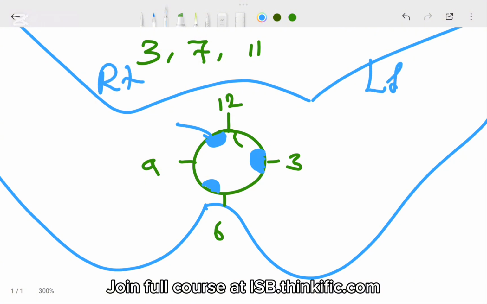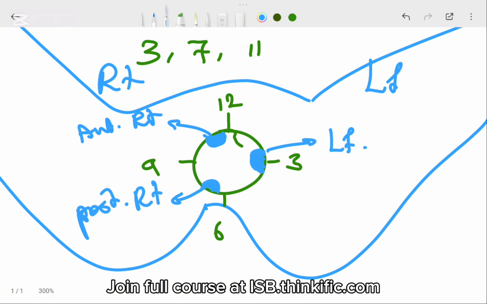So we call this cushion the anterior right cushion, this one the posterior right cushion, and this one the left lateral cushion. So we have three main cushions. Sometimes there are accessory or daughter cushions, smaller ones in between the big ones.